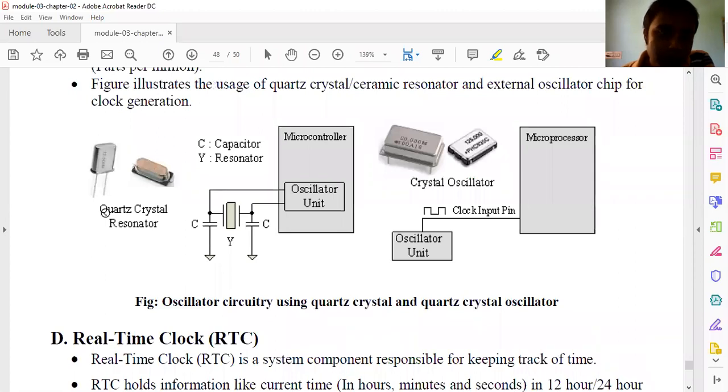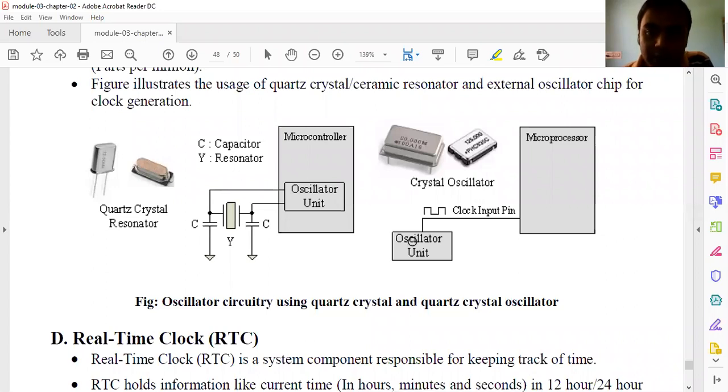So quartz crystal resonator and the crystal oscillator, right? So it is connected to an external capacitor and the resonator. Observe here, capacitor and the resonator, so that will generate the required clock signals, and it is connected externally, but the oscillator unit is inbuilt, or it is present within the microprocessor or the controller, right?